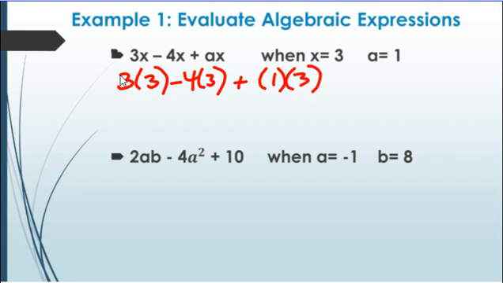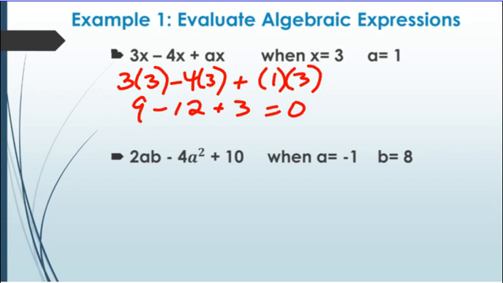I do my multiplication first, so 3 times 3 is 9, minus 4 times 3 is 12, plus 3 times 1 is 3. And then I add and subtract going from left to right. So 9 minus 12 is negative 3. Negative 3 plus 3 gives us an answer of 0.